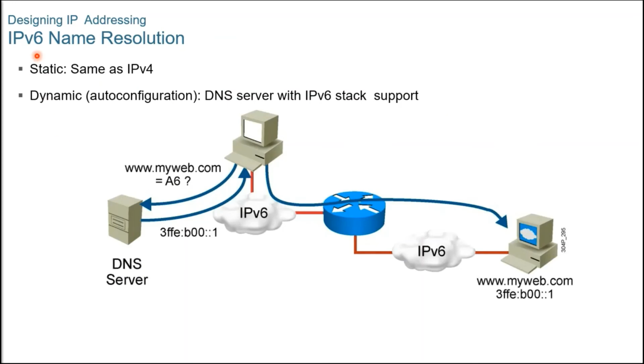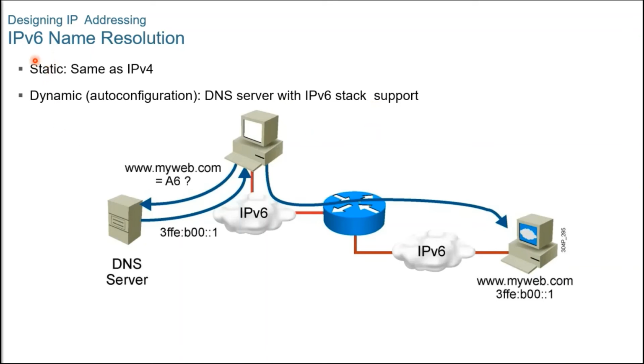How about the IPv6 name resolution? This section discusses IPv6 name resolution strategies and name resolution on a dual stack, IPv4 and IPv6 host. When you have heard of the term dual stack, that pertains to IPv4 and IPv6 running on the network.